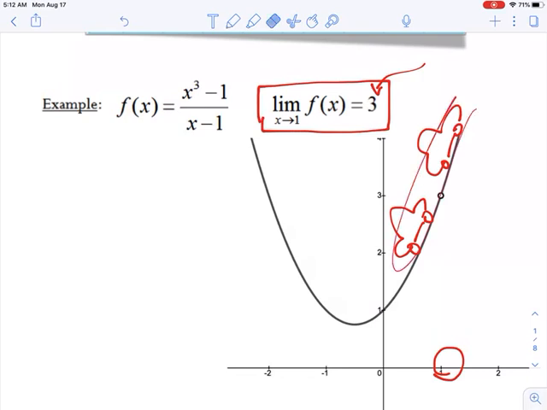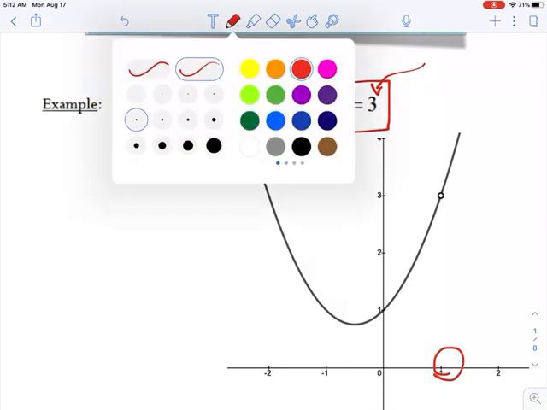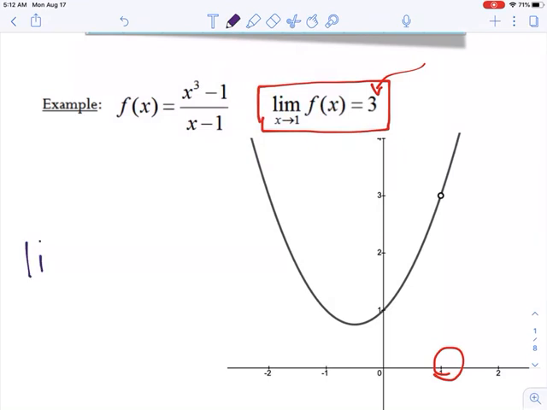I'm going to keep this graph on here, and let's say I want to know the limit as x approaches 0 of f of x. If I look at our graph, here's x is 0.